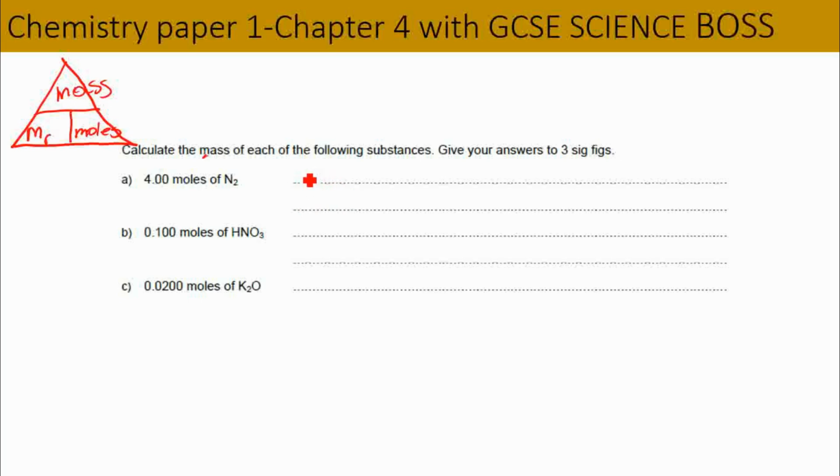If I need to work out mass, it is equal to Mr, and I'm timesing that by the number of moles. So the Mr here is going to be 14, which I'm getting from the periodic table, times 2, as there are 2 nitrogen there, and I'm timesing that by 4. And that's going to give me an answer of 112 grams.